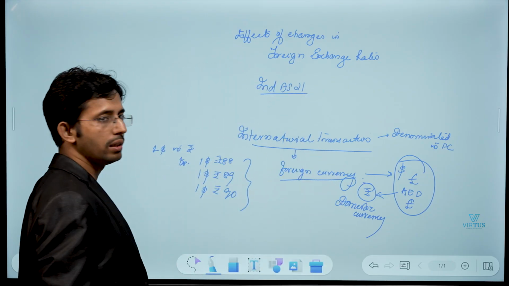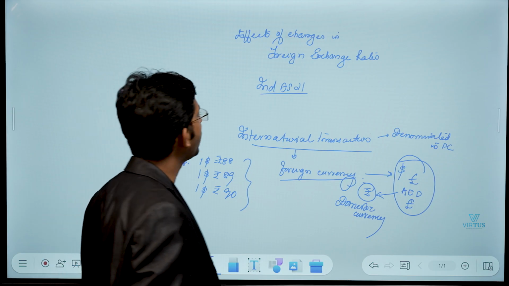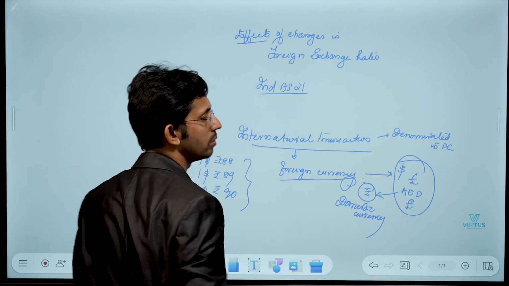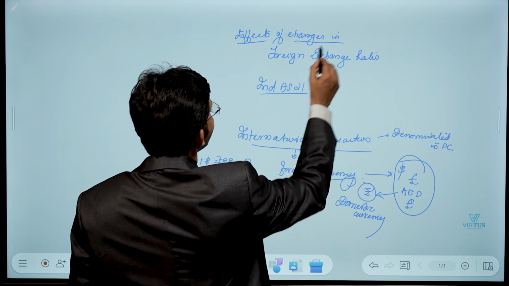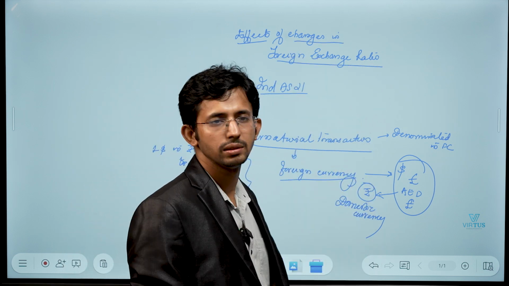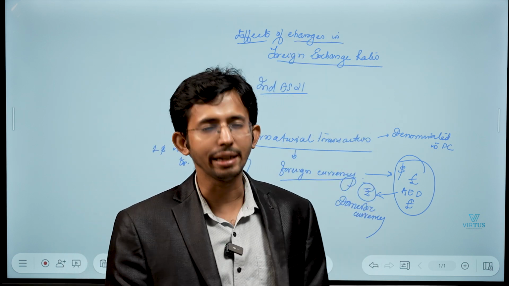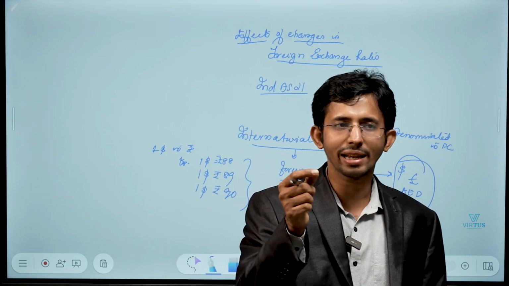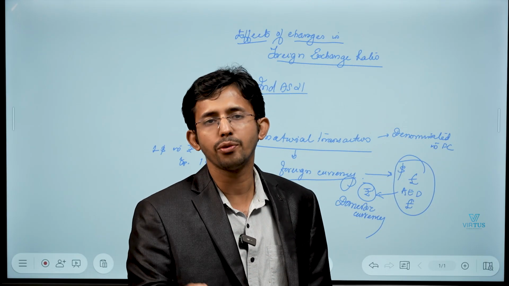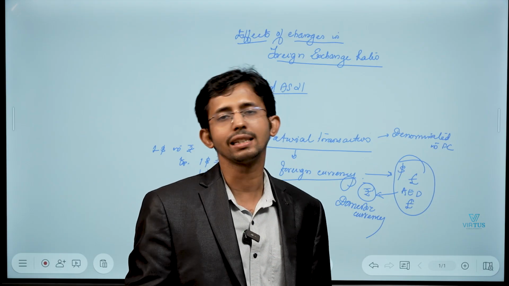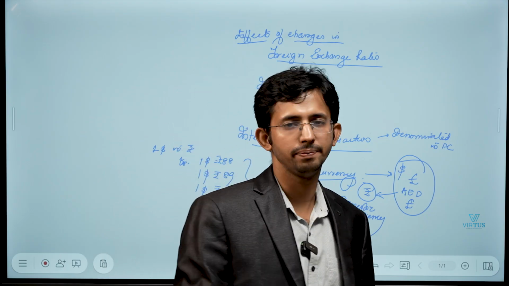IND AS 21 talks about the accounting treatment of the effects on what? On the financial statements, effect of what? Changes in the foreign exchange rate. Whenever these foreign exchange rates change, what is the effect of such changes on the financial statements? That is what we are going to deal with here.